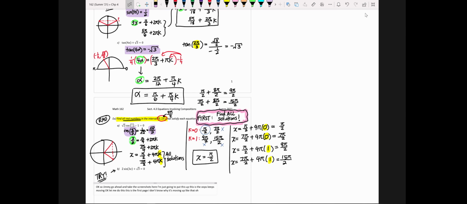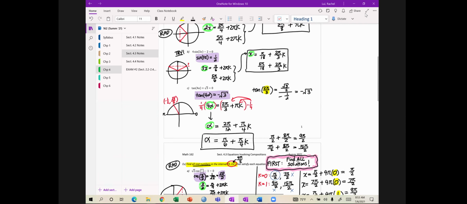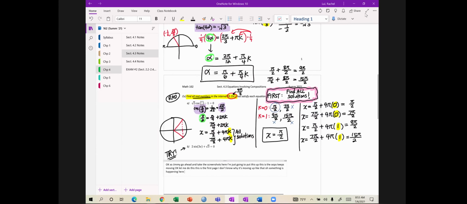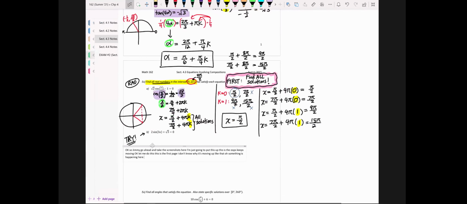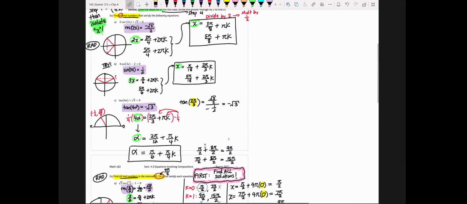Something is happening here. I think I accidentally pressed dictate. That's not what I want. Students, keep working on part B.